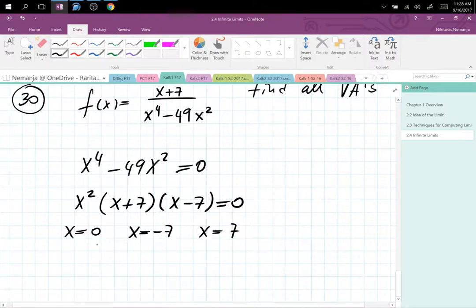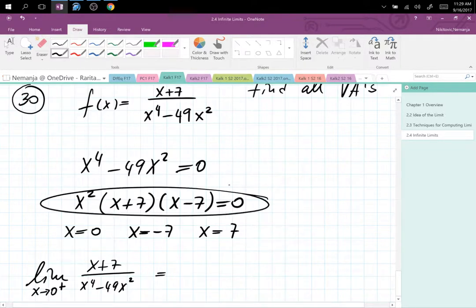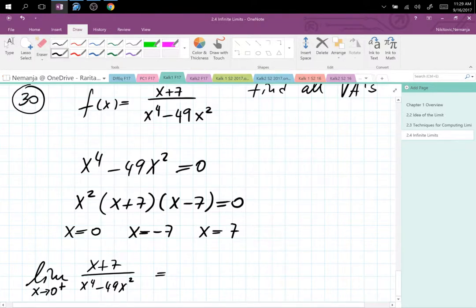So we start with the limit of (x + 7) over x to the 4 minus 49x squared, as x goes to 0, let's say from the right. We know that this is the factor of the denominator. It will cancel x plus 7. So we have the limit of (x + 7) over x squared (x + 7)(x - 7).